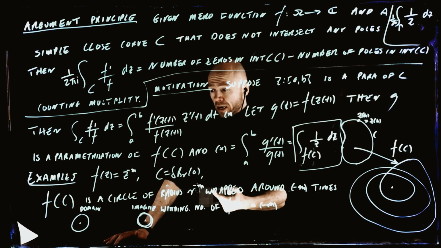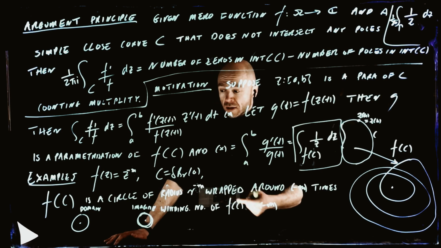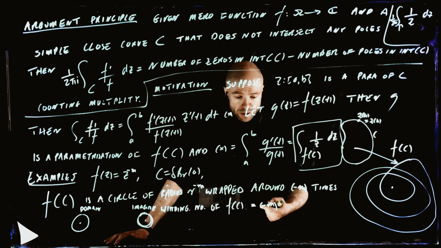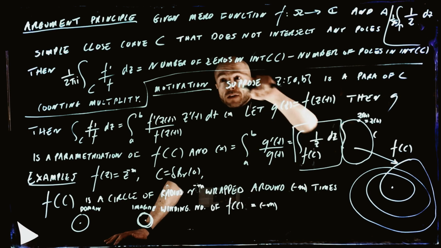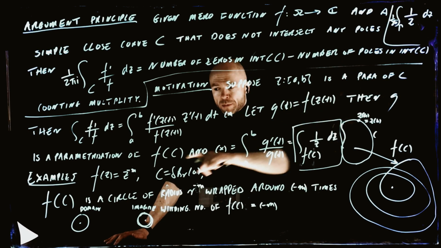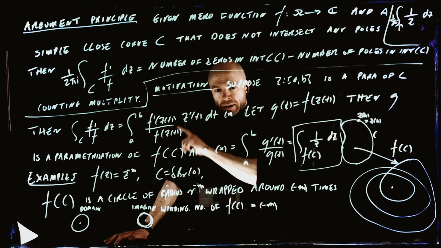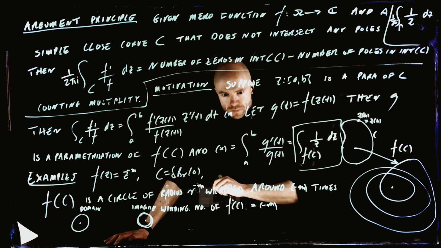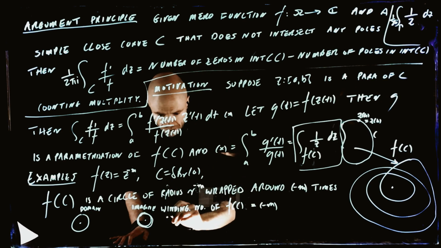It conforms to the theorem that the winding number of the image of the curve is given by the number of zeros minus the number of poles, for these two simple examples, z to the m and z to the minus m. Everybody together. Cool.